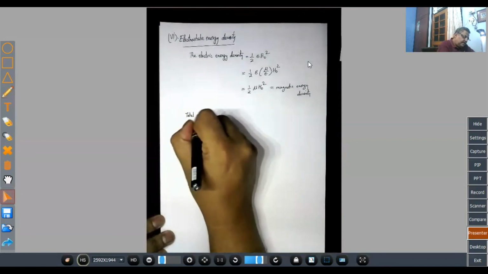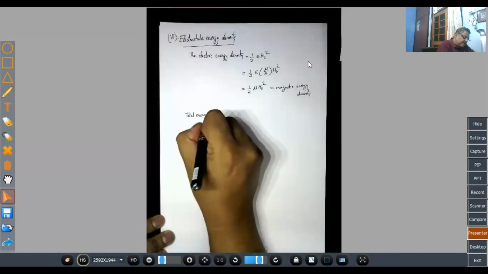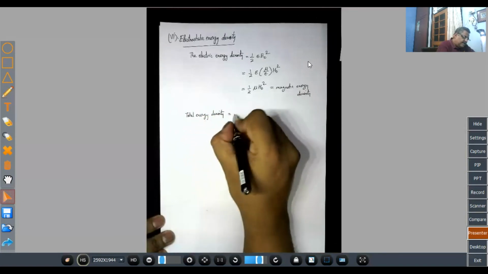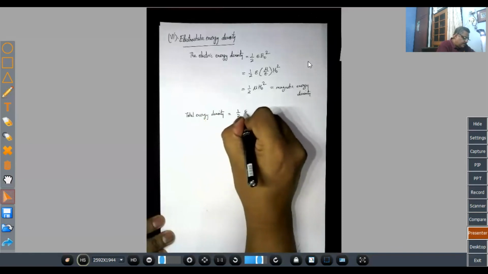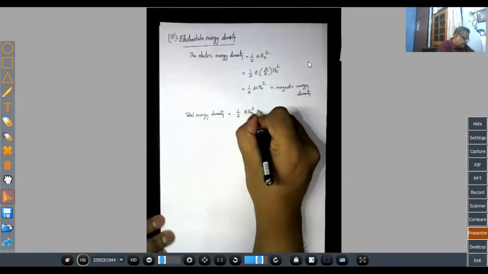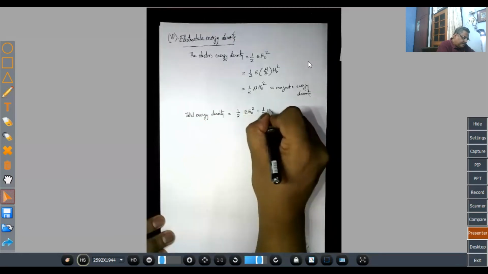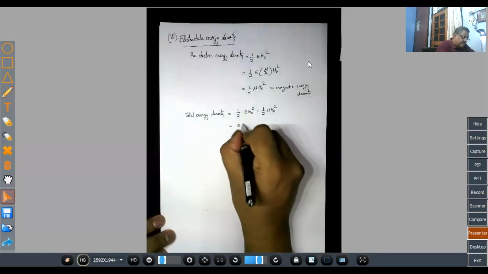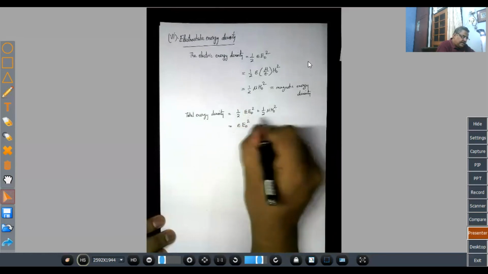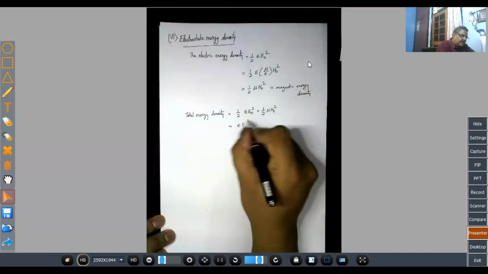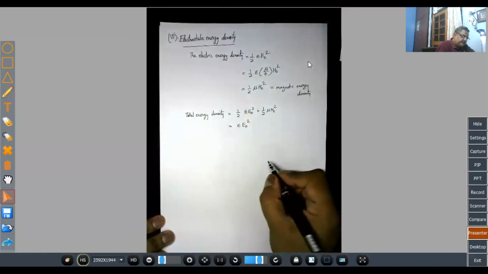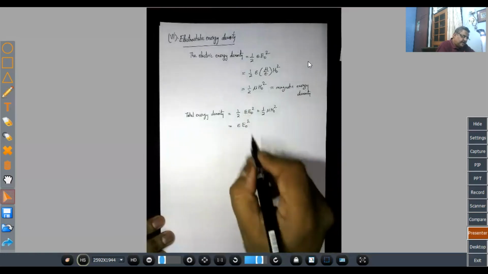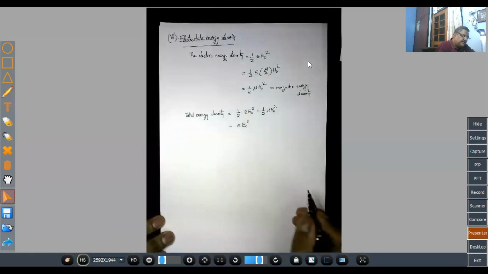The total energy density will be the sum of the both. Convert this and reduce to this. Both are equal, so it will be just epsilon E0 square.